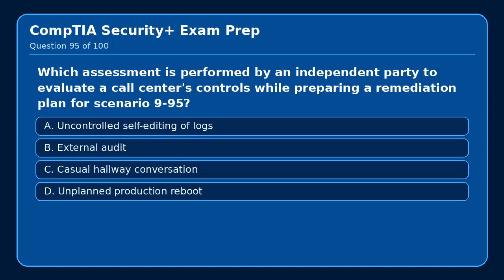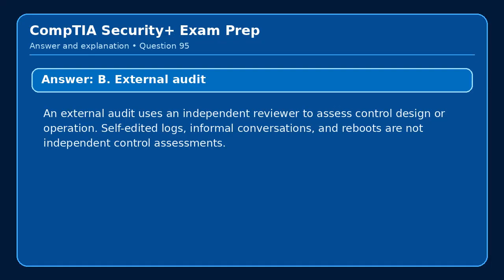Question 98. Which control best supports integrity when a payment processor needs proof that a downloaded firmware image was not altered while documenting the incident ticket for scenario 9 to 98? A. Disable logging during the firmware upgrade. B. Compare the vendor provided hash with the downloaded file hash. C. Compress the firmware before installation.